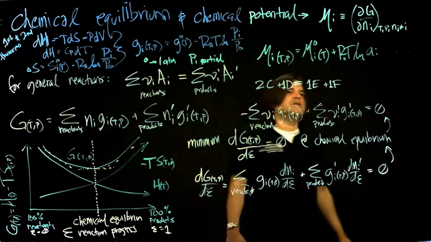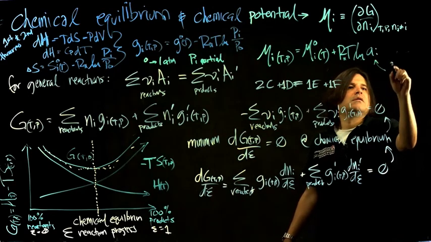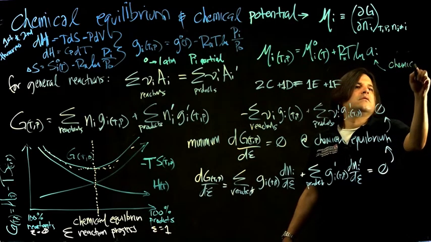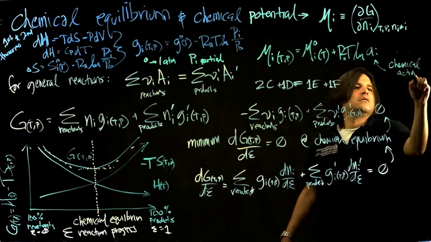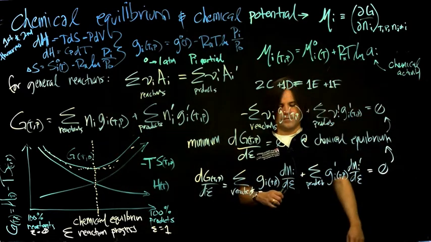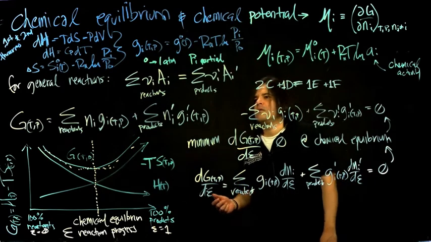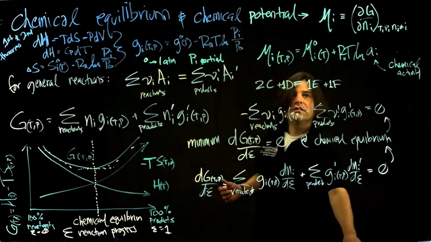So this a_i is called chemical activity. And so I'll erase this over here.